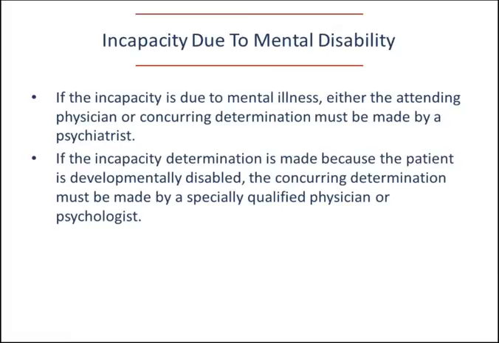If the incapacity determination is because the patient is developmentally disabled, has a mental retardation or autism or one of those types of mental disabilities, then the concurring determination must be made by a specially qualified physician or psychologist. And there are certain requirements that must be met for them to be considered specially qualified.